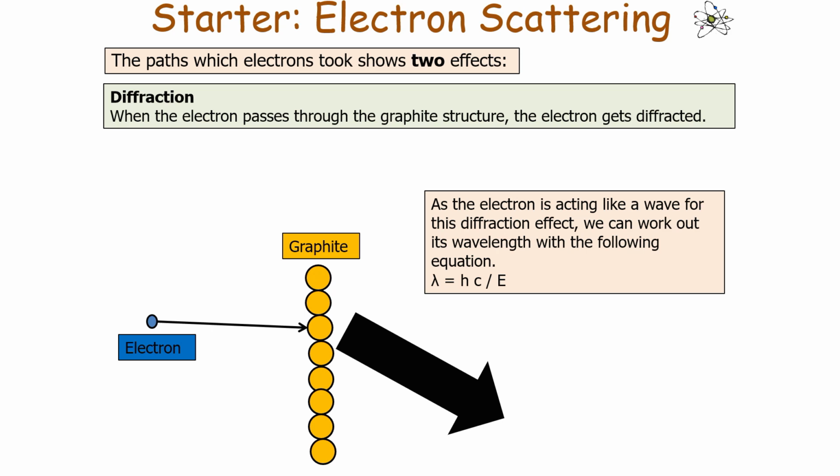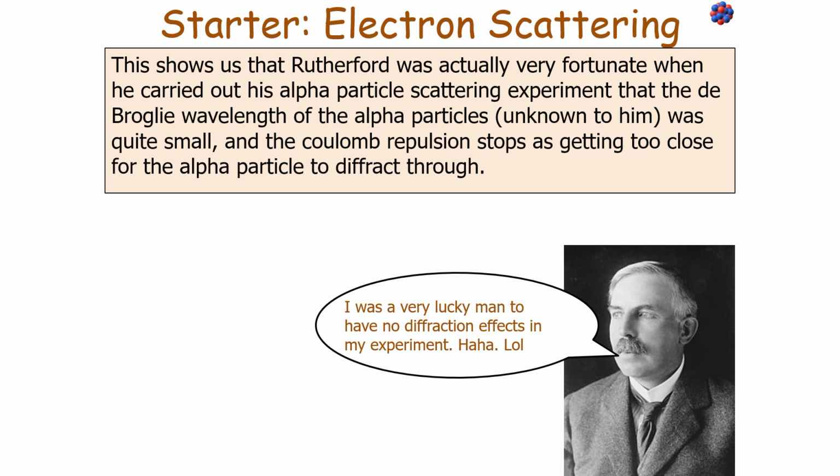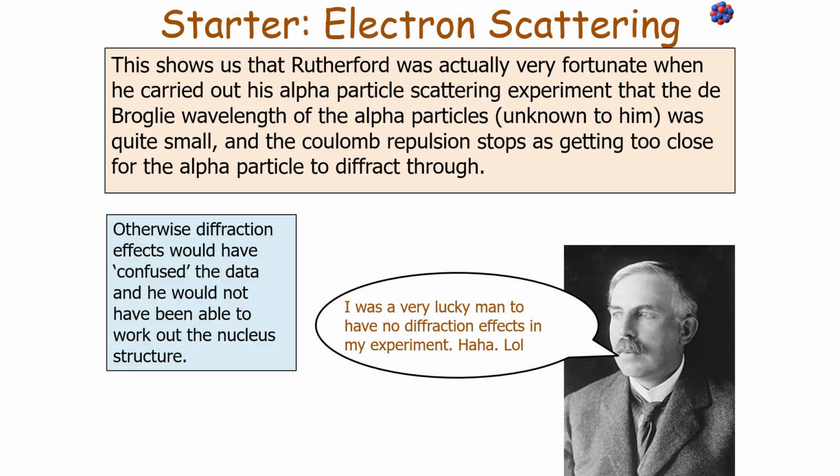The fact that diffraction occurs shows us that Rutherford was actually very fortunate when he carried out his alpha particle scattering experiment, because unbeknownst to him, the de Broglie wavelength of the alpha particles that he used was actually quite small, and the Coulomb repulsion stops them getting too close to the nucleus to diffract through. Now he was very lucky, because otherwise, if you did get this diffraction effect in the Rutherford scattering experiment, this would have confused the data and he would not have been able to work out the nuclear structure which he carried out in 1911.